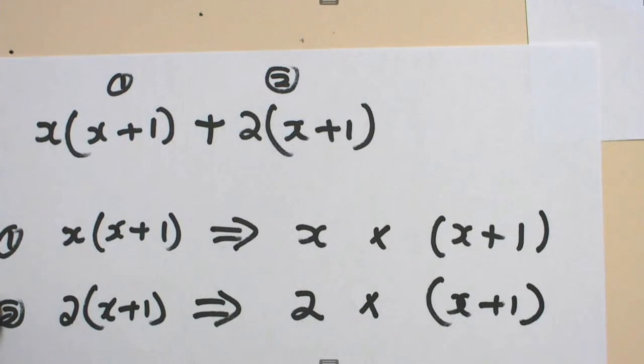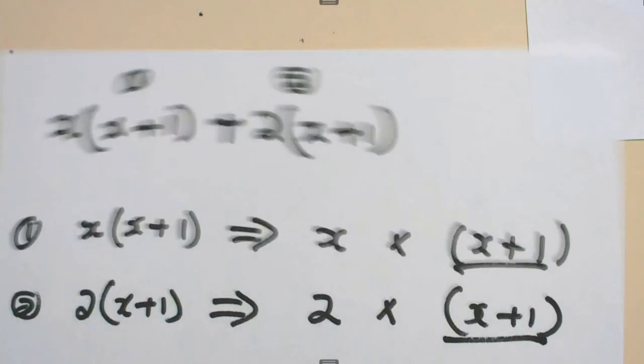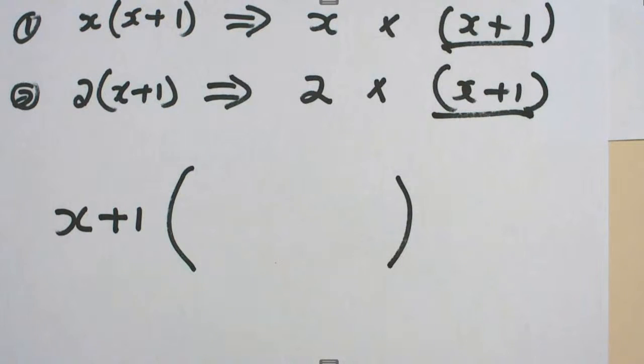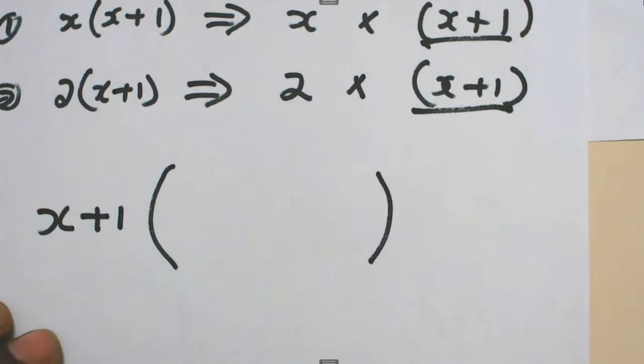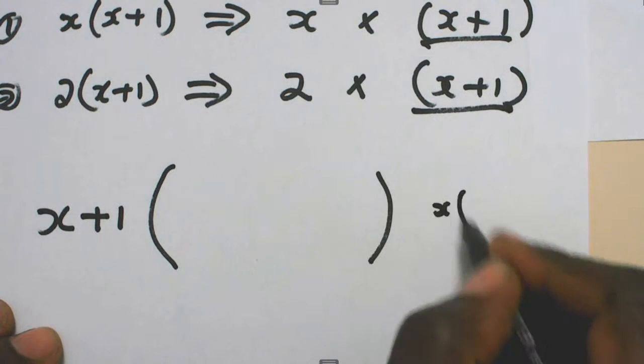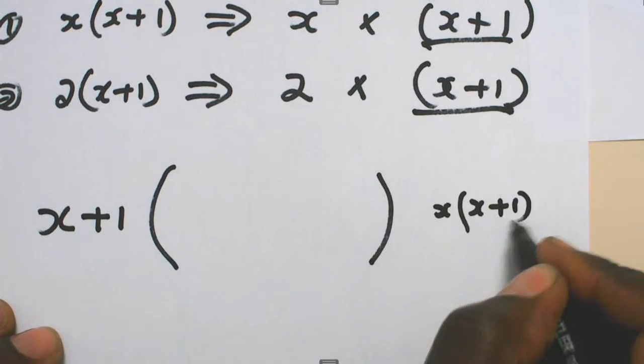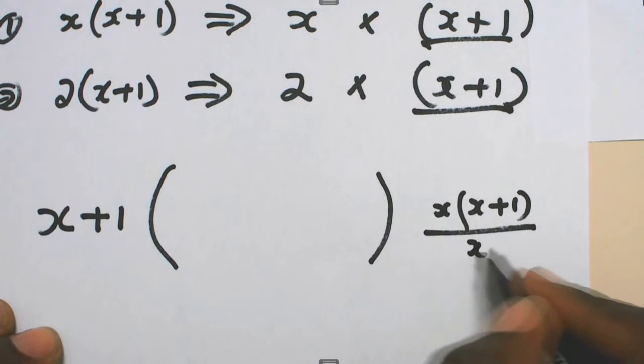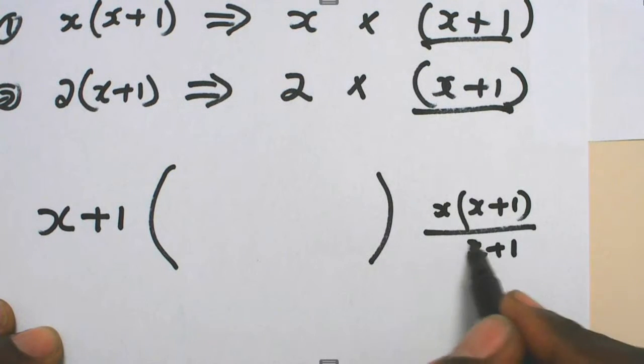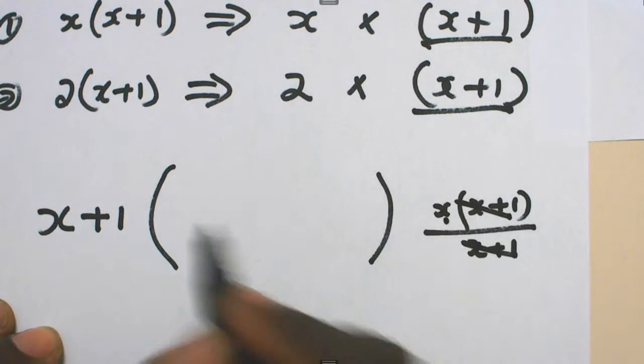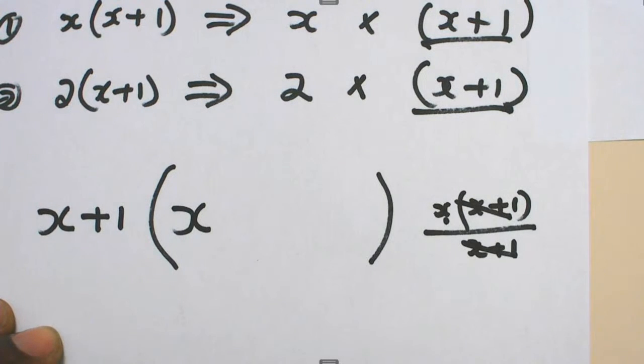You can see this one is common, and it must be written before the bracket. In order to find the expression inside the bracket, you divide the first term by the common factor. This one will cancel that. You are left with x, and you put x inside the bracket.